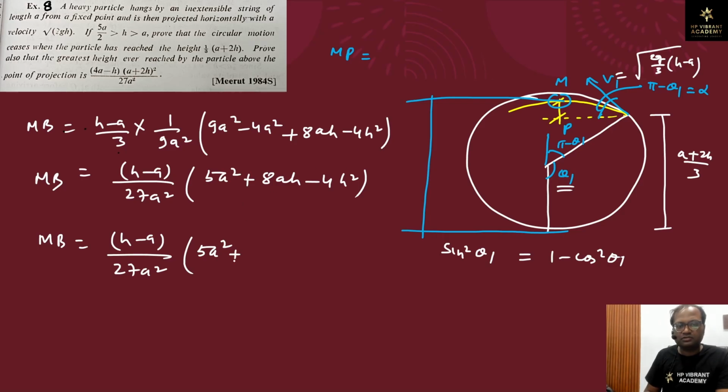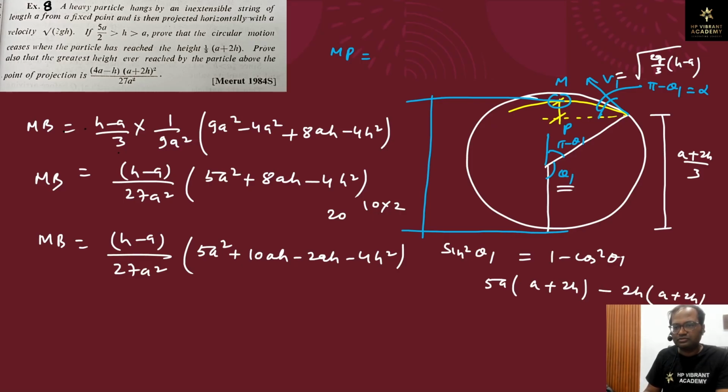This is plus. 5 for the 20, so 10 into 2. So this is 10ah minus 2ah minus 4h square. So this is equal to (5a minus 2h) into (a plus 2h). This is (h minus a) upon 27a square into (5a minus 2h) into (a plus 2h).